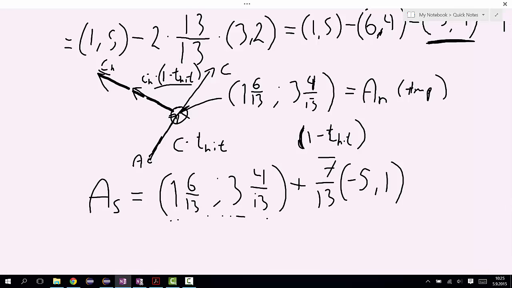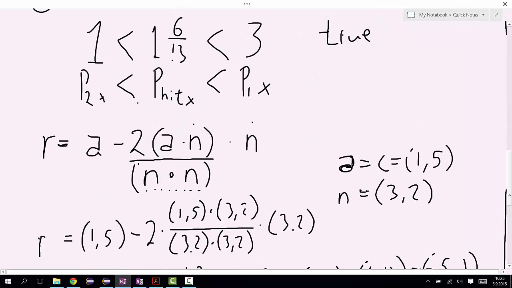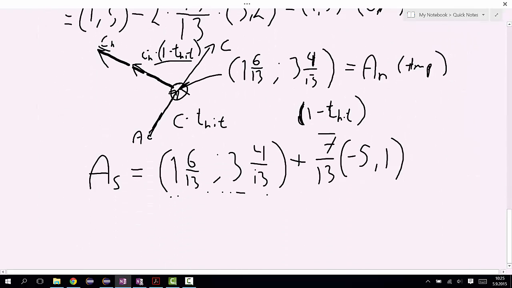So this gives us the final answer of 7 times 5 is 35. Not plus, but equals.